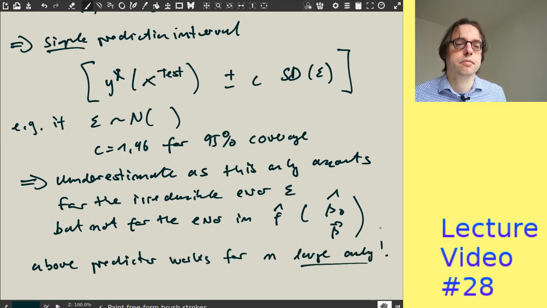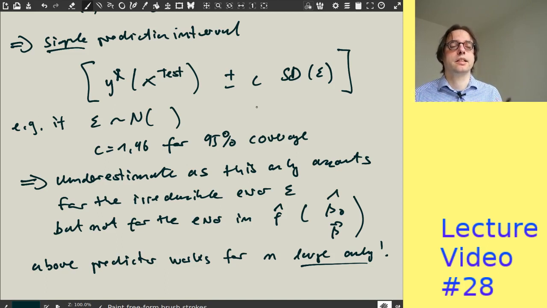There are formulas to describe better prediction intervals, but we will not be discussing those in this course, because they are quite a bit more complicated than this above, and also the underlying principle doesn't change.